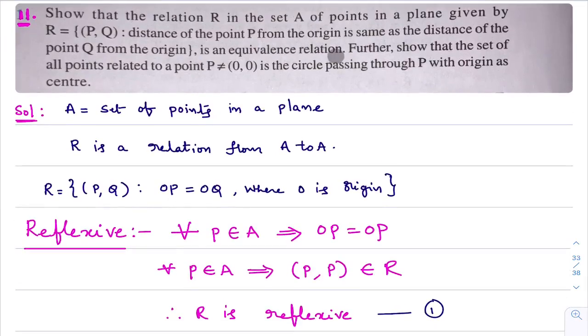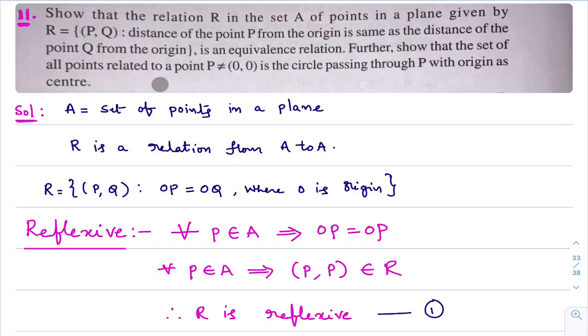Try to understand what they are asking further. It is a little confusing one. Further, show that the set of all points related to a point P, where P is not the origin, is a circle passing through point P with origin as center.